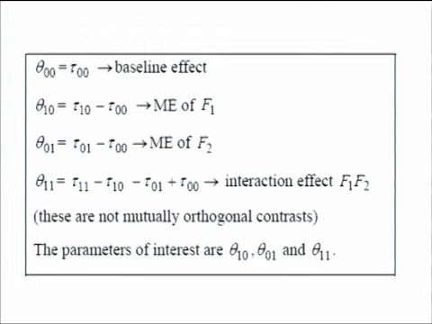This will complicate matters, and the parameters of interest are theta 1 naught, theta naught 1 and theta 1 1 representing the two main effects and the interaction. And this definition of the main effects and interactions is exactly as in Glonek and Solomon's 2004 paper, or in the paper by Yang and Speed in 2002 in Nature Genetics Supplement.